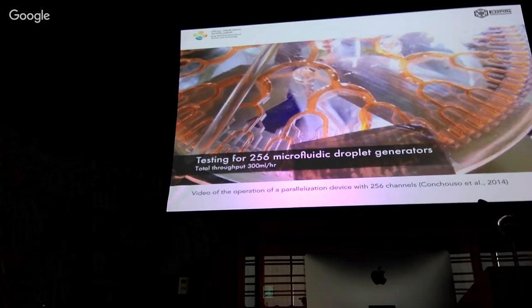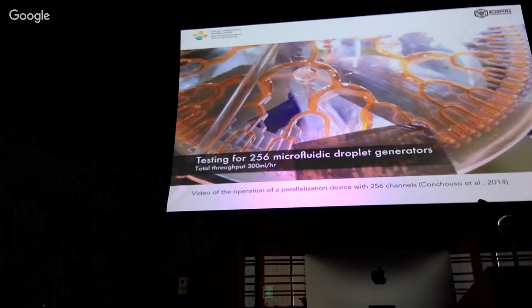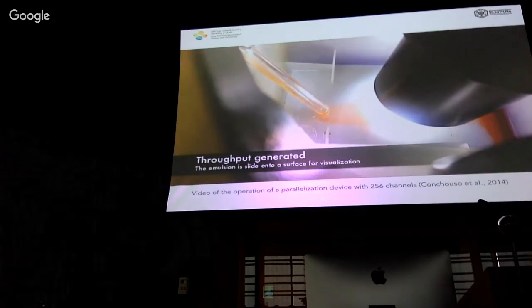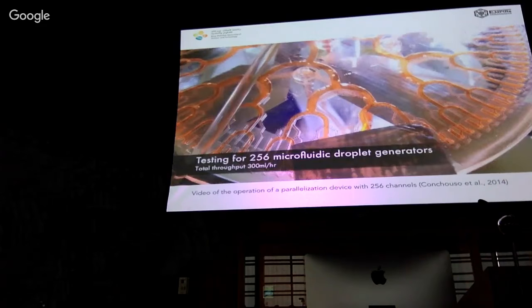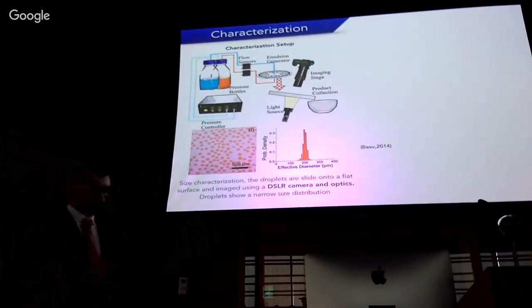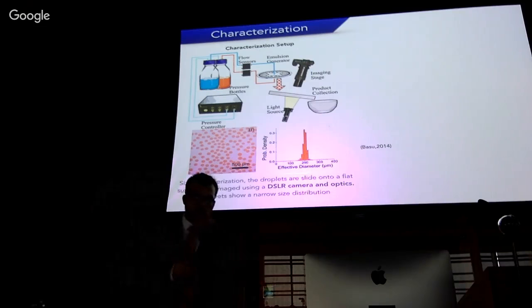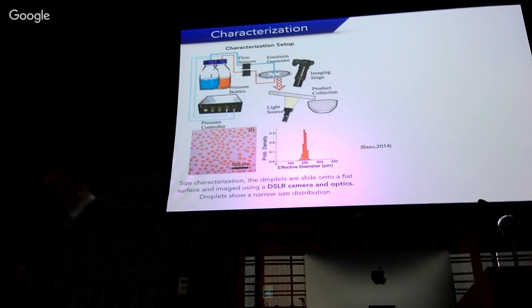Okay, so this is the video of the device working. You can see the flow distribution across all of these droplet generators is equal, and we are producing large quantities. We characterize the emulsions, these droplets that we generate, using this setup.